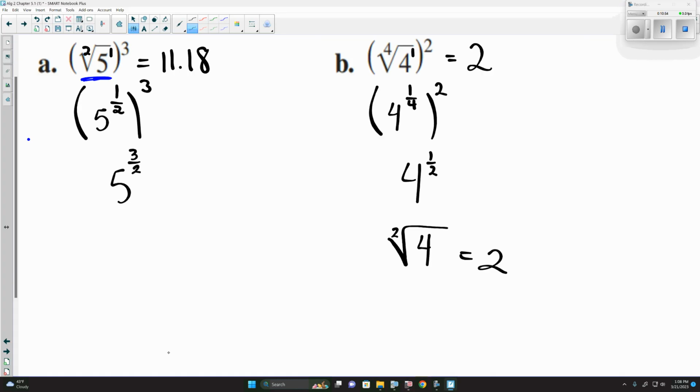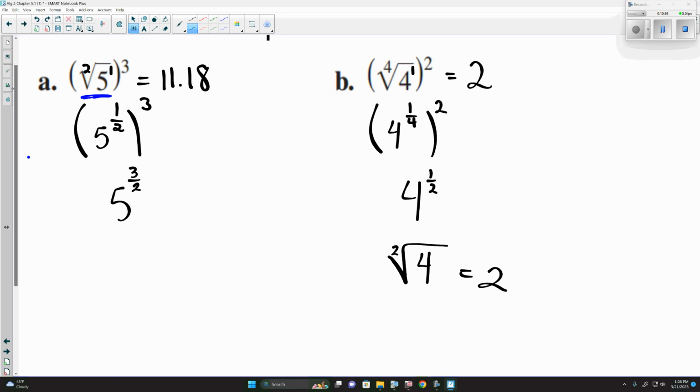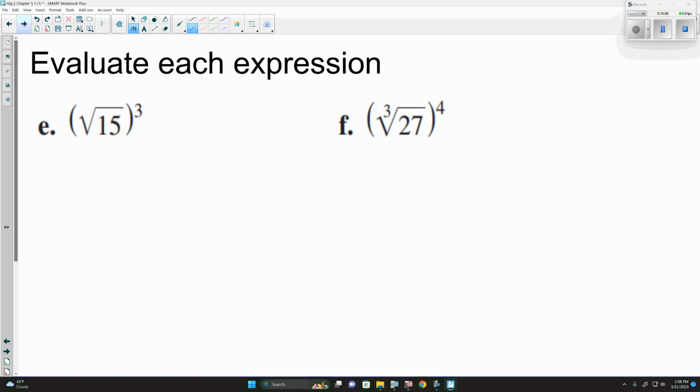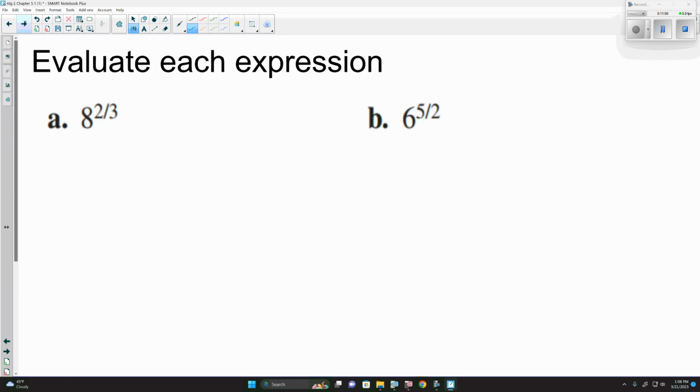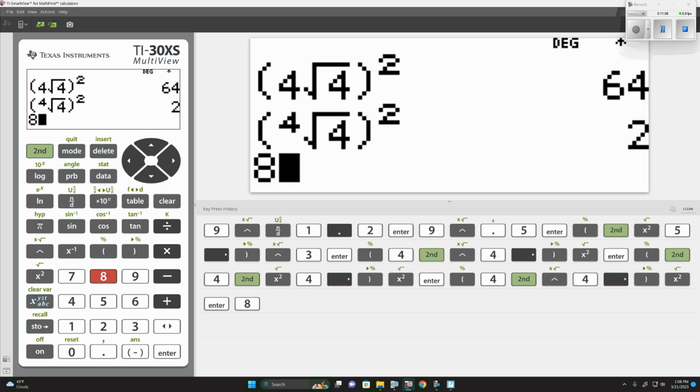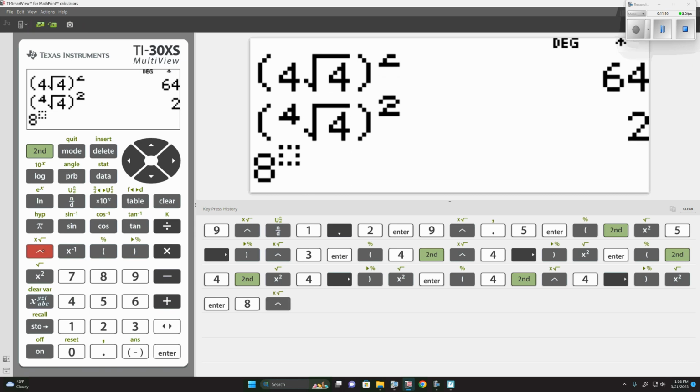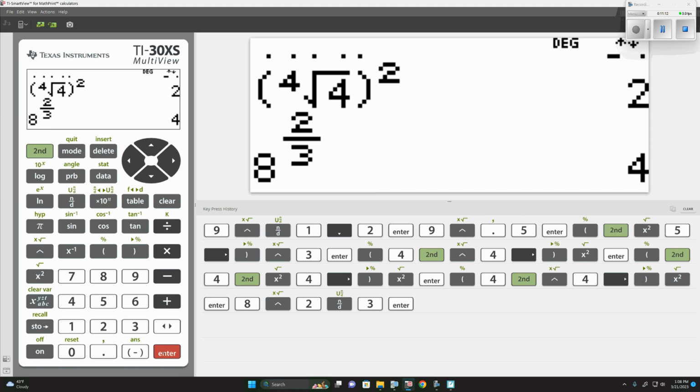Any other questions on these here? Now we can also do it with fractional exponents from the beginning. 8 to the 2/3. So in the calculator we can do 8 to the 2/3. 8 to the 2/3 is 4.